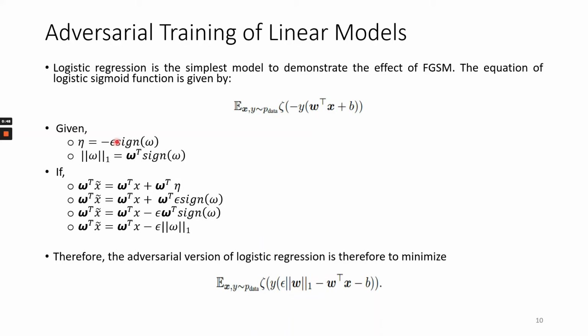So when we replace this equation of nu, or perturbation, in the original equation, after a slight rearrangement, this is what we have. It is also given that the transpose of omega multiplied with the sign function of omega itself can be rewritten as the L1 norm of omega. So what we have over here is the equation for the perturbed input, and when we replace it in the original equation, this is the adversarial version of logistic regression that we have to minimize.